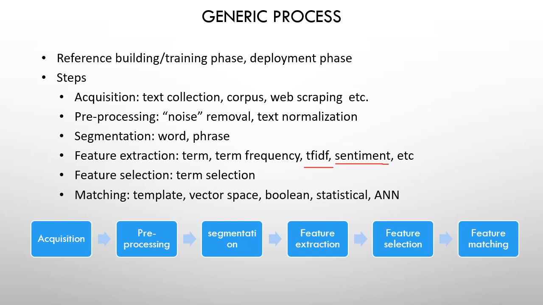At the last part, we will discuss matching. This could include template matching, the vector space model, the Boolean retrieval model, and then the statistical approach, which could also be on the vector space model, and it could be done also using the artificial neural network approach.